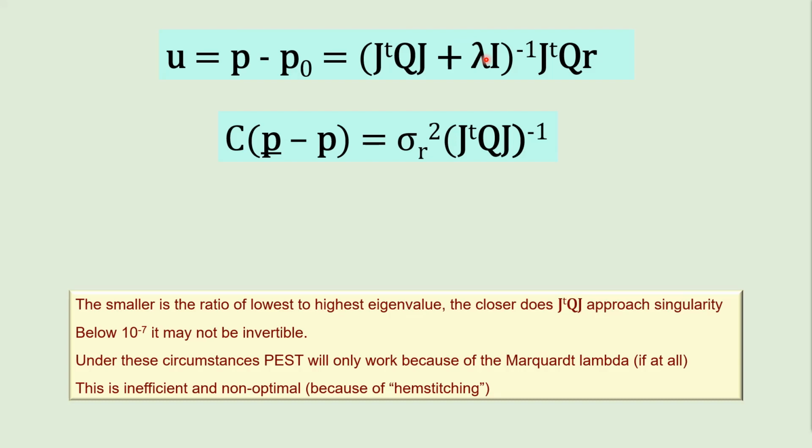Therefore, if PEST is still able to solve an inverse problem which is non-unique or nearly non-unique, and if it is still able to calculate this covariance matrix of parameter error, notwithstanding the fact that this matrix is almost non-invertible, and if we find out that the ratio of lowest to highest eigenvalue is very low, we know straight away that we are trying to estimate too many parameters.